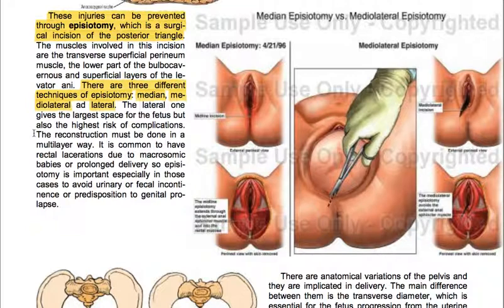The reconstruction must be done in a multi-layer way, and it's common to have rectal lacerations due to macrosomic babies or prolonged delivery, so episiotomy is important, especially in those cases, to avoid urinary or fecal incontinence or predisposition to genital prolapse.